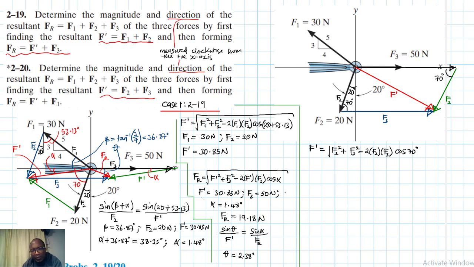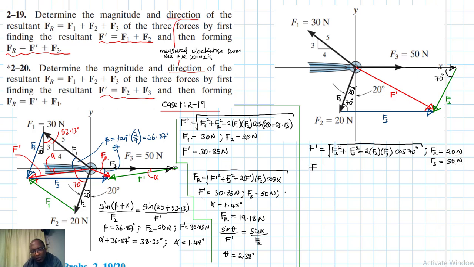Here f2 is equal to 20 newtons, and f3 is equal to 50 newtons.